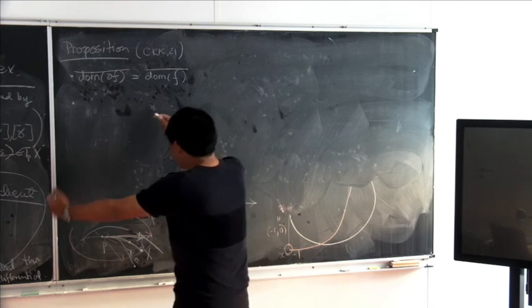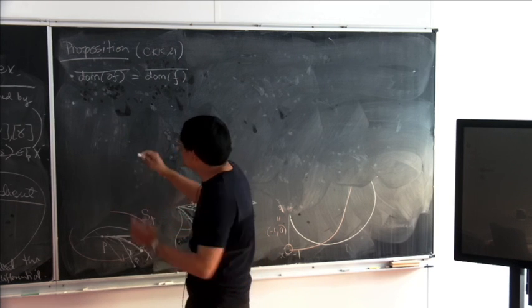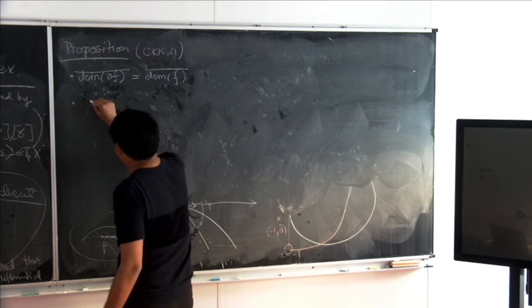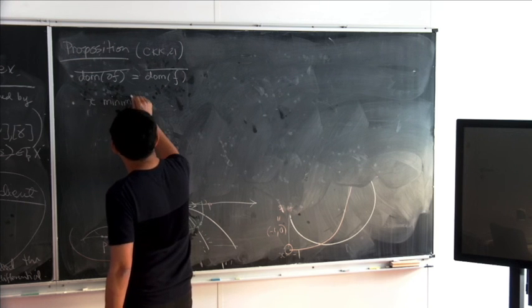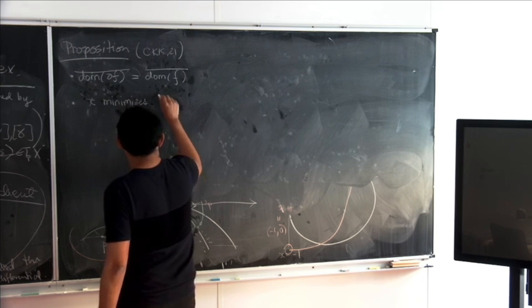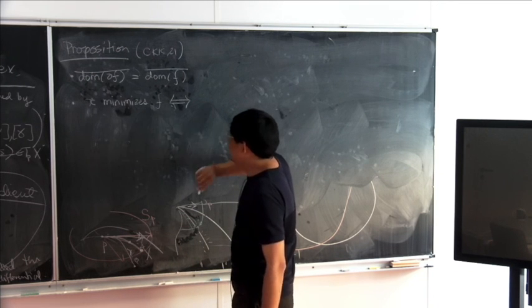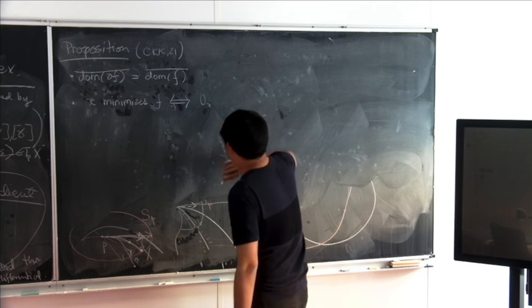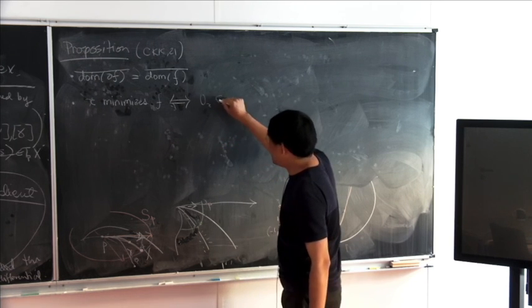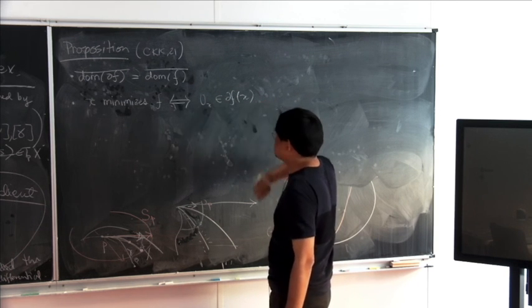The next property is that Fermat's rule still holds for this. So you have the point x minimizes the function f if and only if the zero vector at x belongs to the subdifferential of f at the point x.